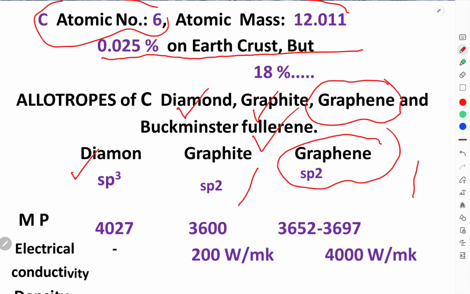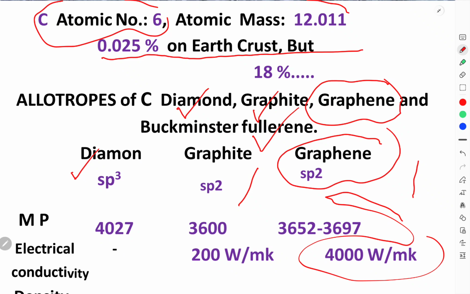But if I see the same sp2 hybrid carbon of graphene, the conductivity of graphene is 4000 watt per mK. How good a conductor is it? 1 unpaired electron, 1 free electron is in graphite, 1 is in graphene.